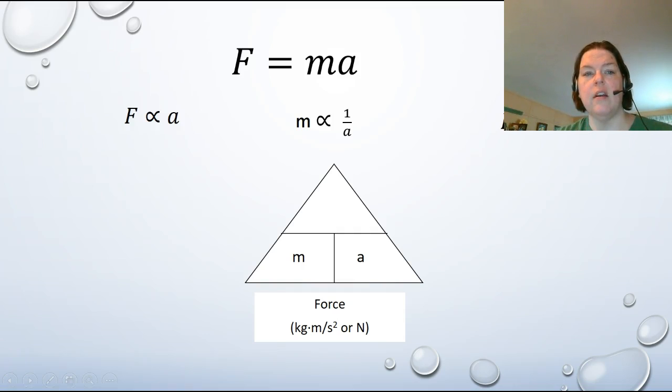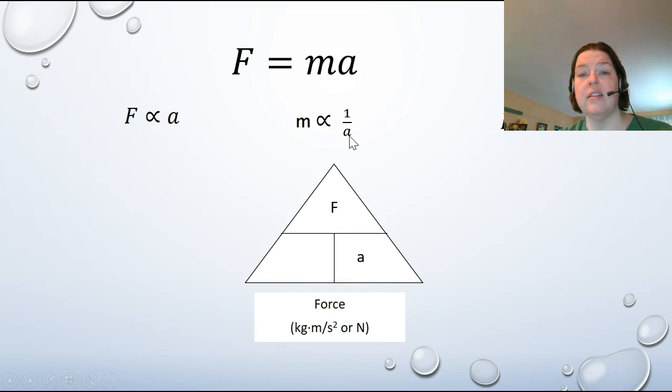In this proportionality, force is proportional to acceleration, and that is true; they're directly related. Now if I cover up mass, I see that it's equal to force divided by acceleration. Well, that is right here: mass is proportional to 1 over the acceleration.